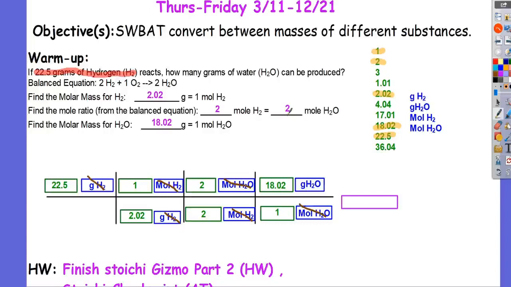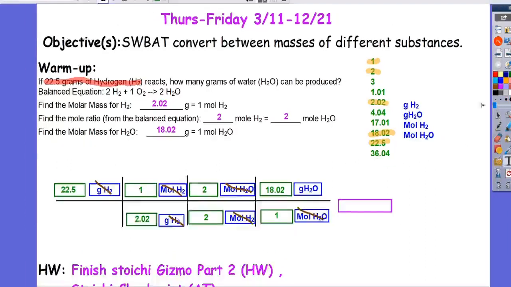Enter. Gives me another very nice number. Again, I don't care, because I'm going to take that number and divide it by my next denominator. Enter. And one more time, I have a 1 on the bottom. So my final answer is 200.72. 200.72 grams of H2O.